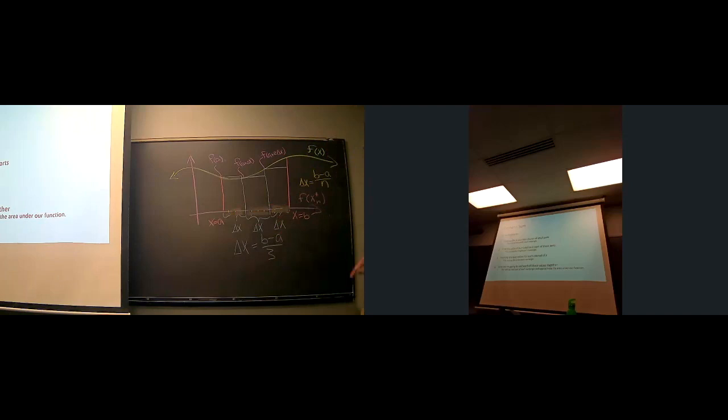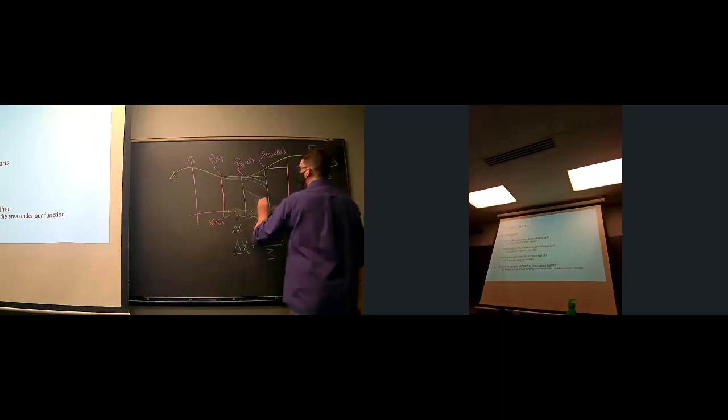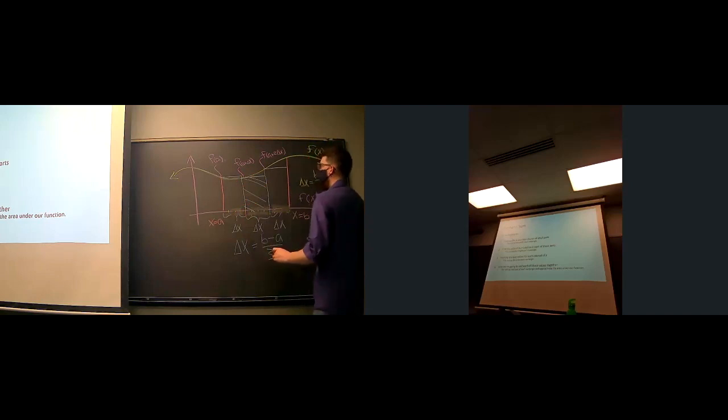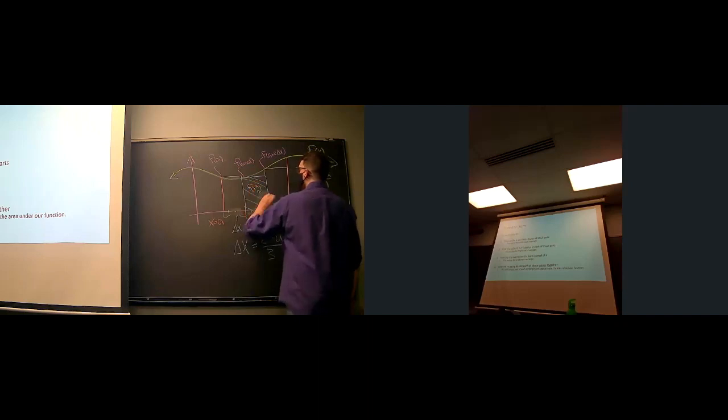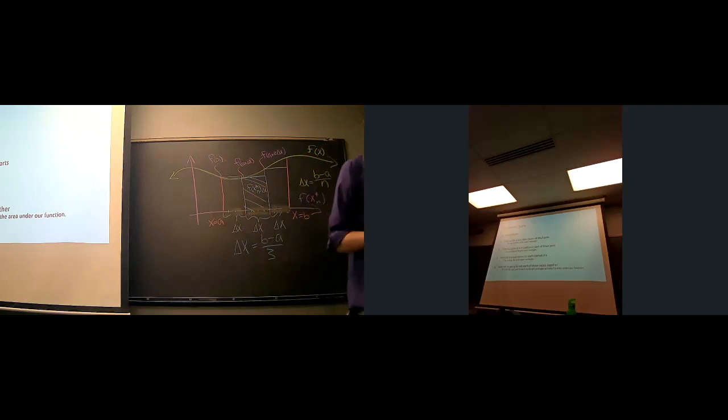From here, we're going to say, all right, the area of each of these, well, it's going to be f of x star n times delta x, right? That's going to be the area of each rectangle.